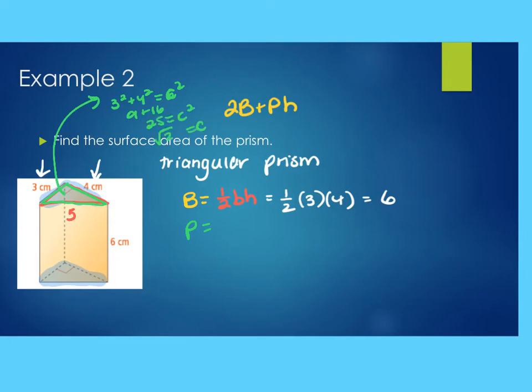C would equal the square root of 25, which is 5. So if you don't remember your triples, that's how you have to find them. Or if it's not a triple, because it won't always be a triple, that's how you'd find it. And then you add up those 3 sides. So 3 plus 4 plus 5, or 7 plus 5, which is 12.